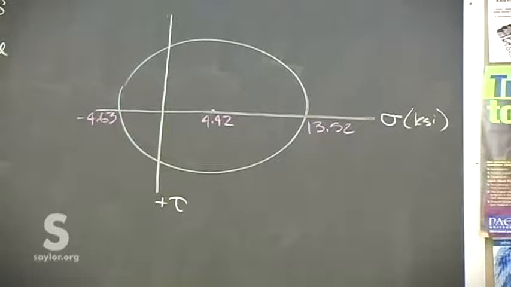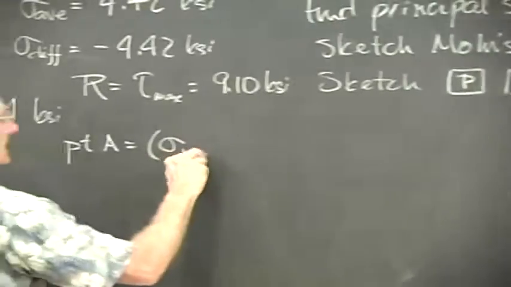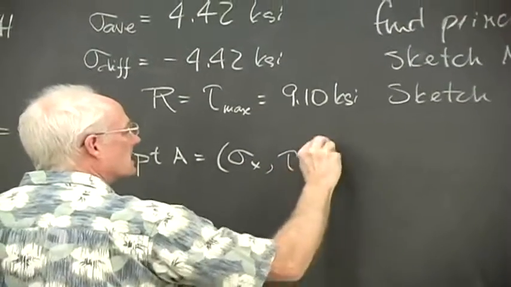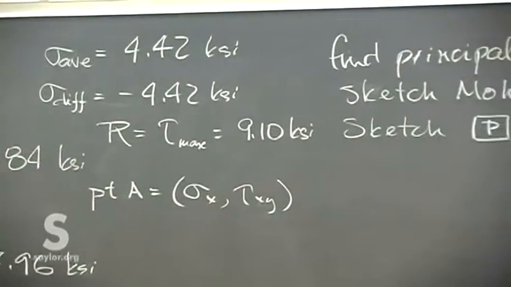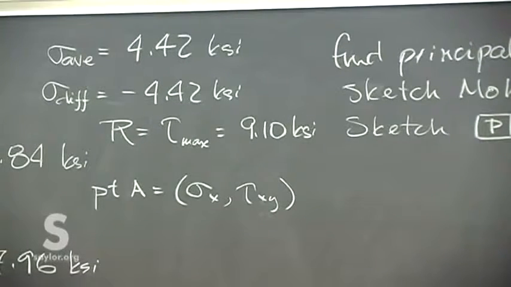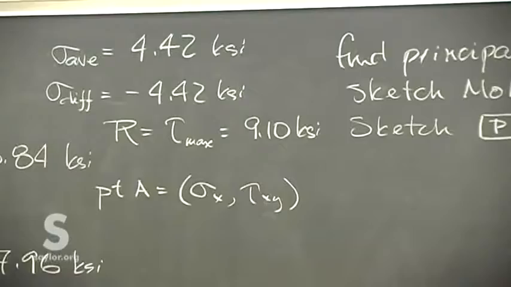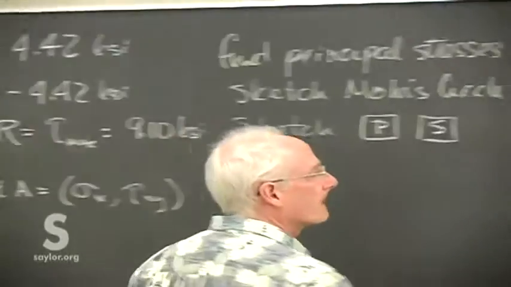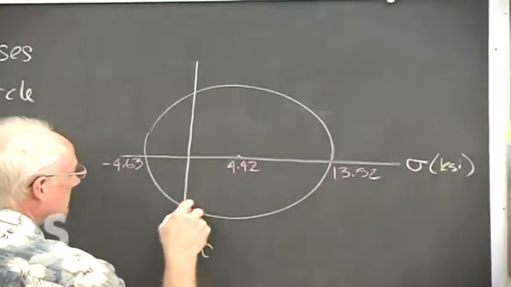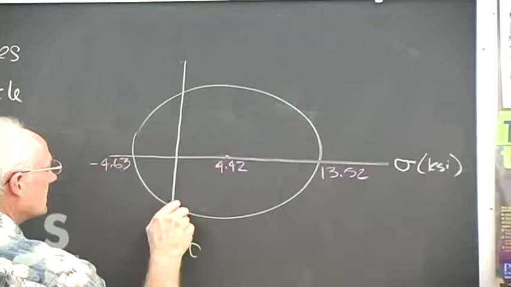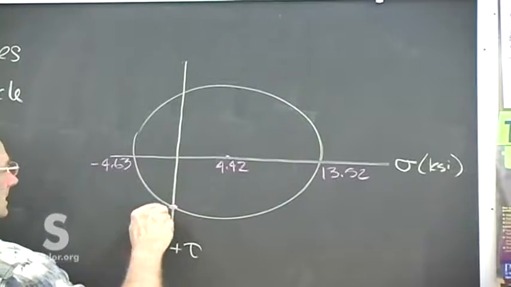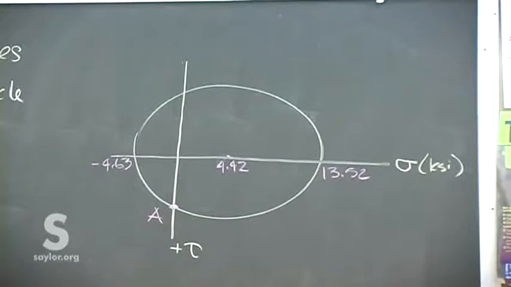Now, point A is at sigma x, tau xy. Sigma x is 0, tau xy is just under 8, and since it's 0 and it's on the circle, we know that point A falls right there.